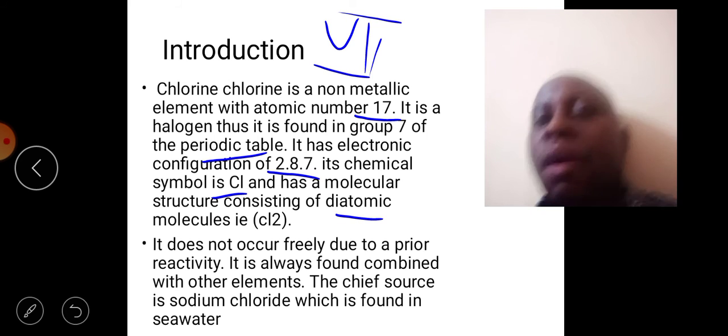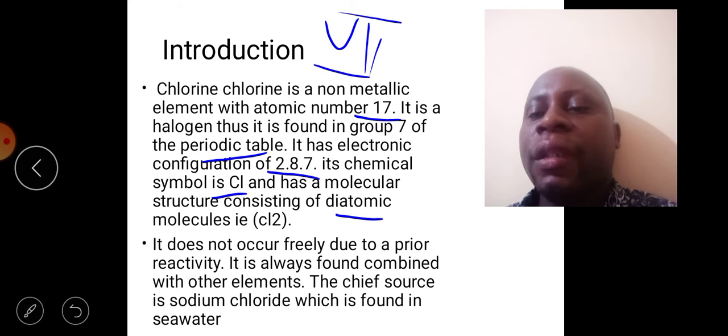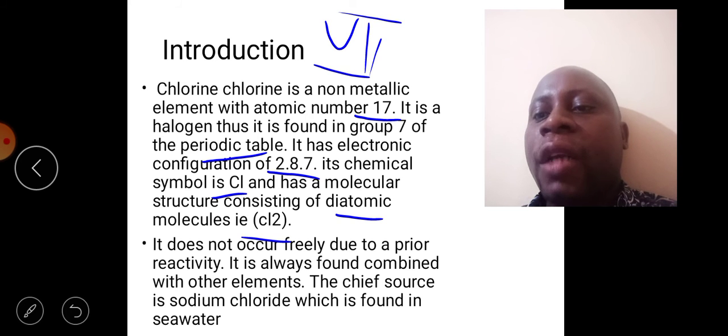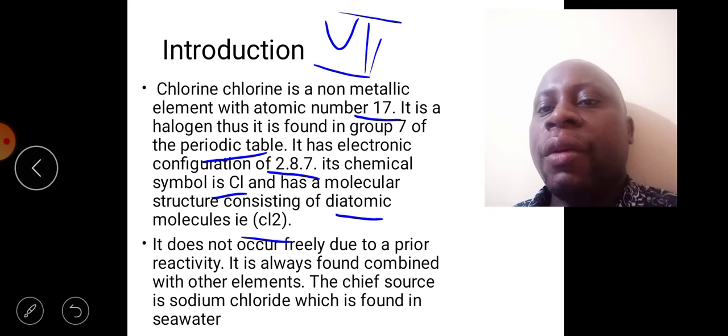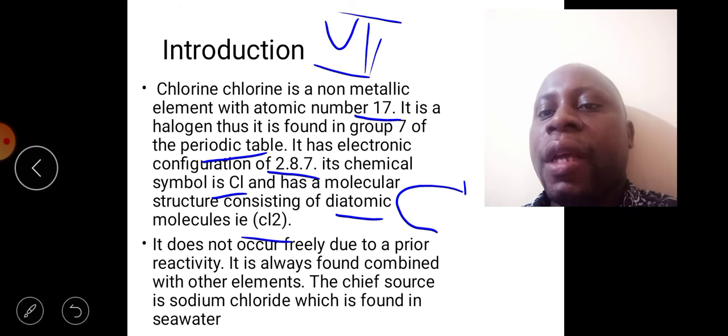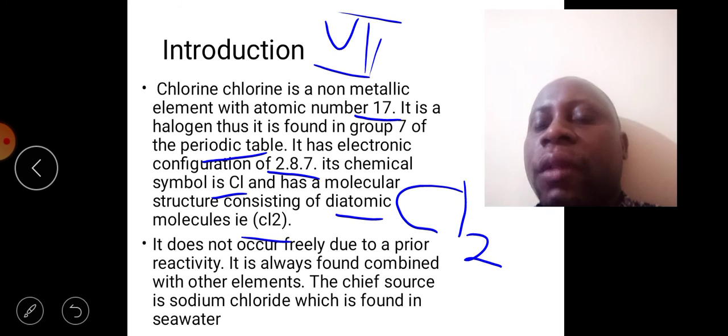That is, one molecule of chlorine is made up of 2 atoms. So the chlorine molecule is written as Cl2. Hence, we are saying it is composed of diatomic molecules, that is Cl2.